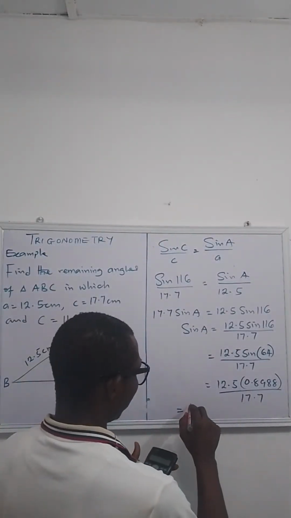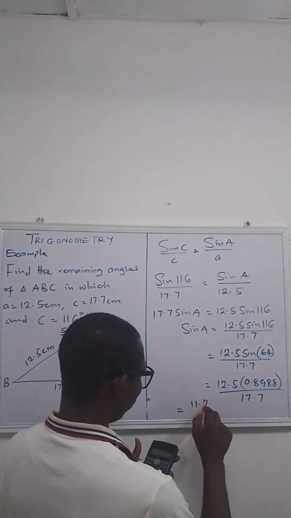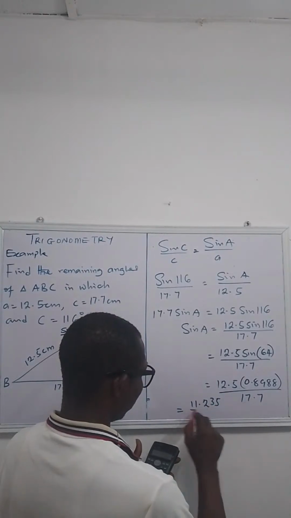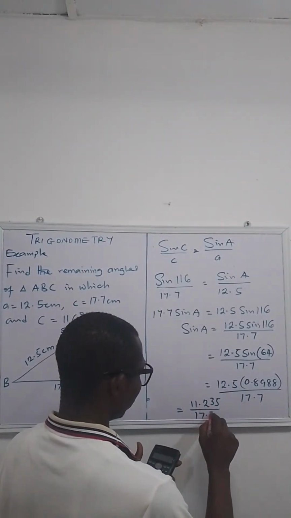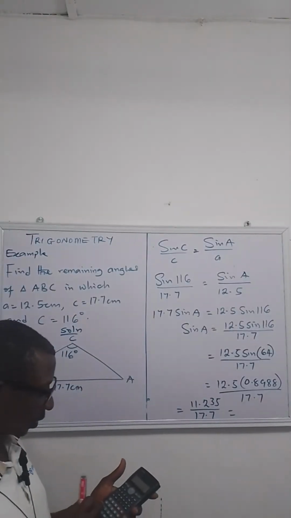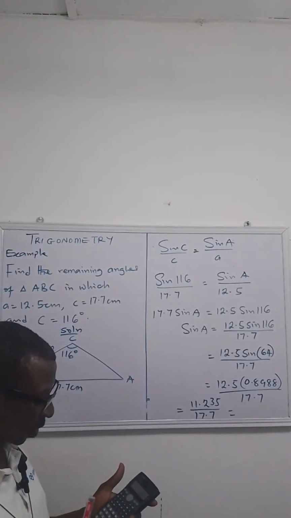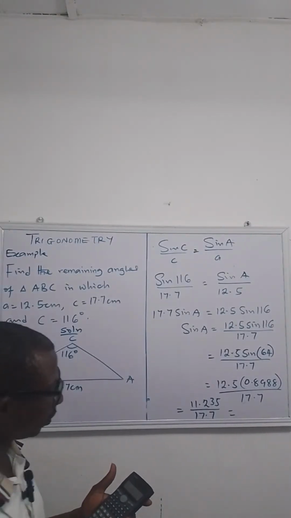So what do you have? You have 11.235 over 17.7. Okay, so now can we divide? Let's divide that by 17.7. When you divide that, what do you have?